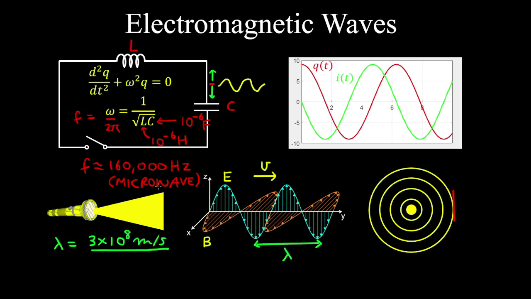And we divide this by the frequency in hertz, which is in 1 over seconds, and the seconds cancel, and we get a wavelength of around 1.9 kilometers. So the higher the frequency, the smaller the wavelength.